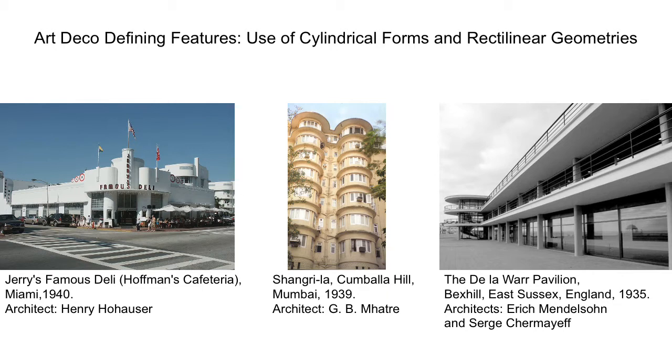Here in Shangri-La of Mumbai, this building, built in 1939, definitely has these cylinders rising up from the ground plane to the height of the building, creating a series of attractive bay windows. From within the building, you would get a really nice 180-degree view of the view outside.